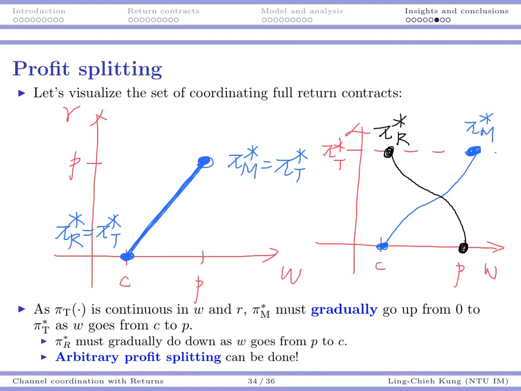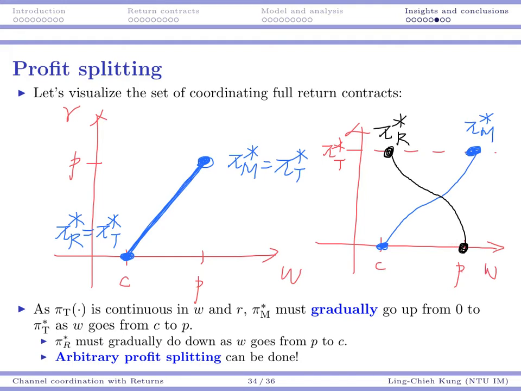No matter what amount of money you want to give to the manufacturer, there is a wholesale price that can do that. For example, if you want the manufacturer to get this amount, then you just need to find that there is a wholesale price that can achieve this.